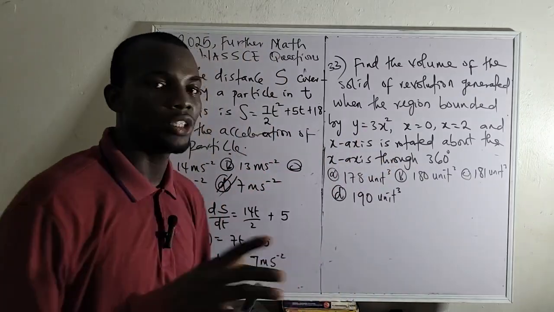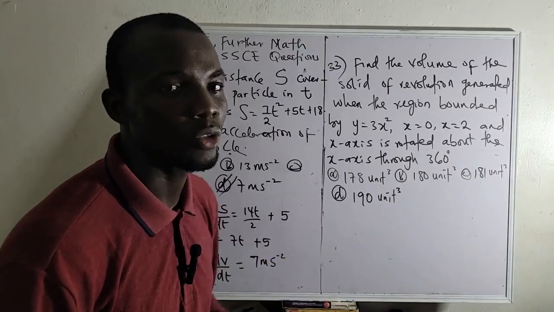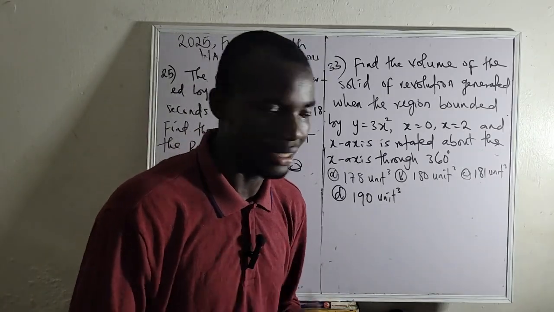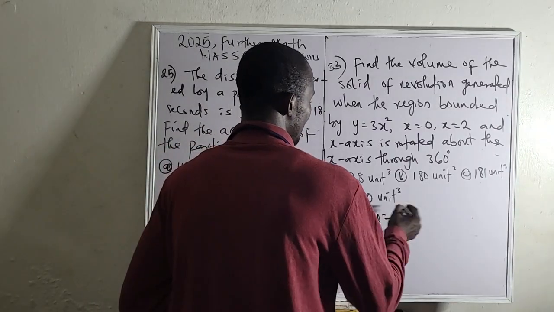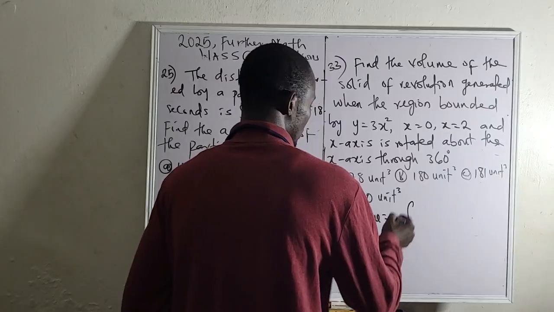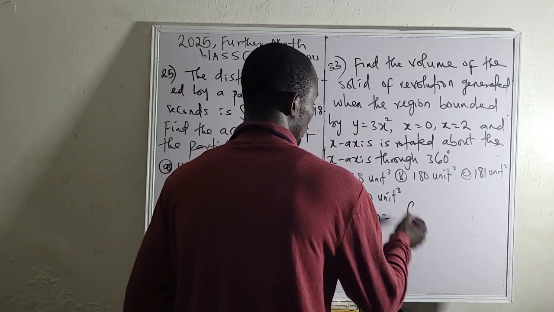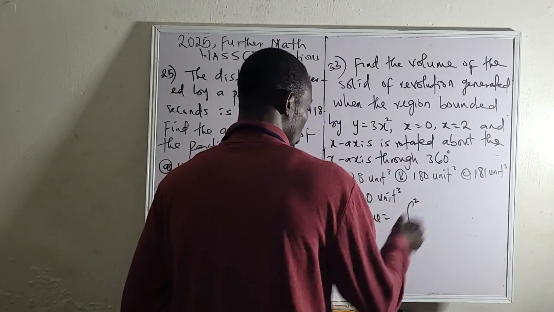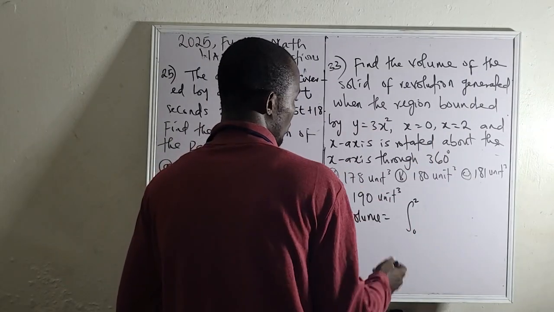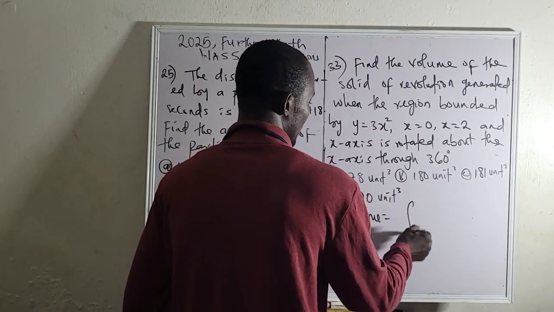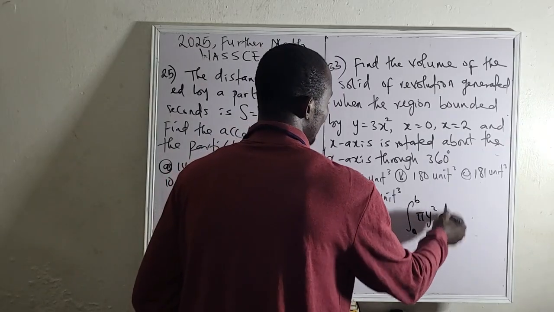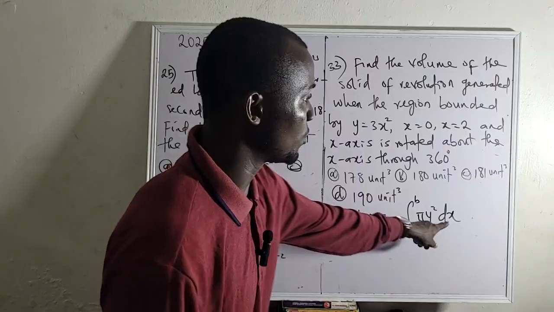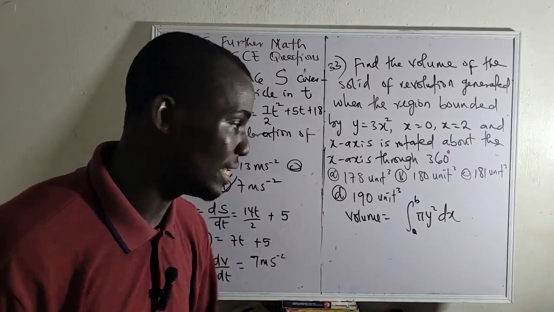This is the formula we normally use when we're talking about revolution of solids. The volume is given as the integral from a to b of pi y squared dx. We are using dx because it is rotated about the x-axis.